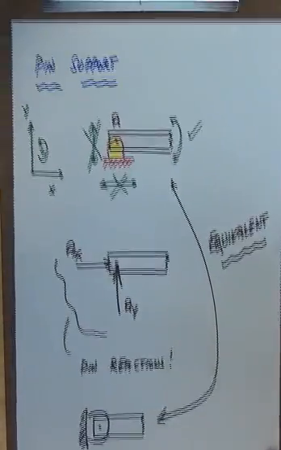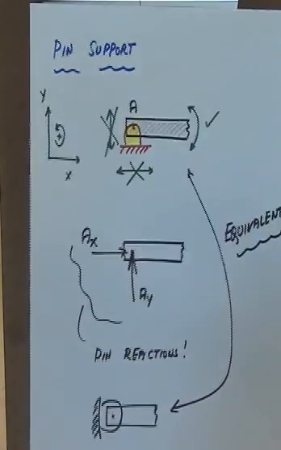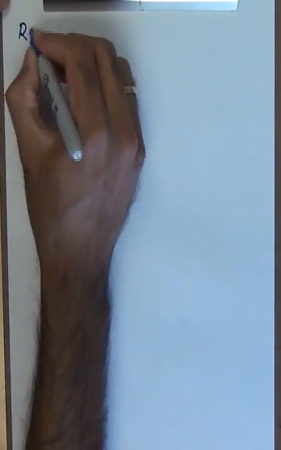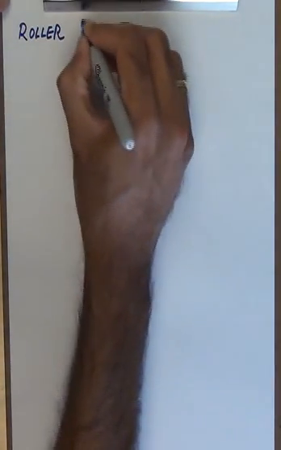Let's look at a roller support, and then we will incorporate all of these aspects into our problem next. So roller support, rocker support, there are several ways in which these will be drawn. One of the common ways in which these are drawn is as follows.